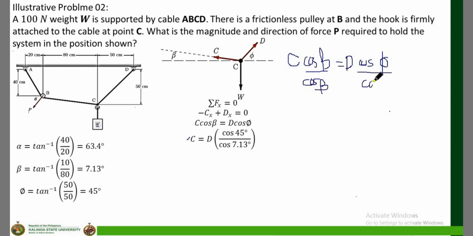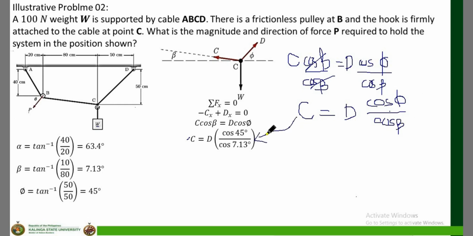The cosine beta cancels out on the left, so C is equal to D cosine of phi over cosine beta. Understand?